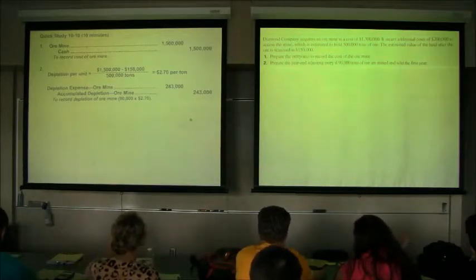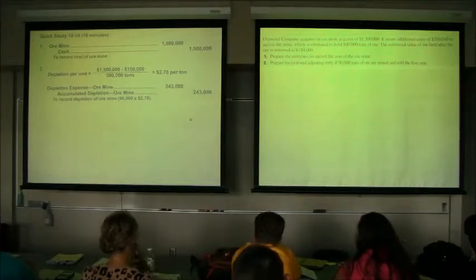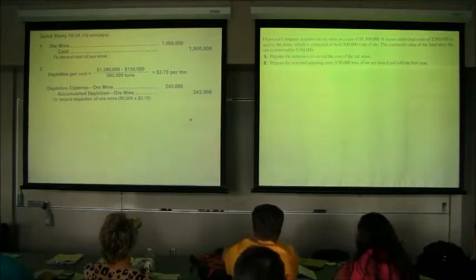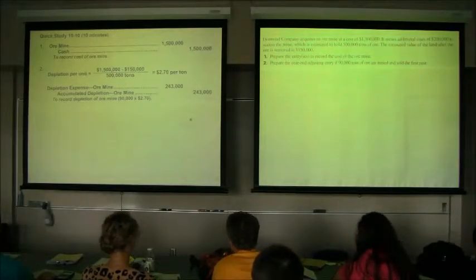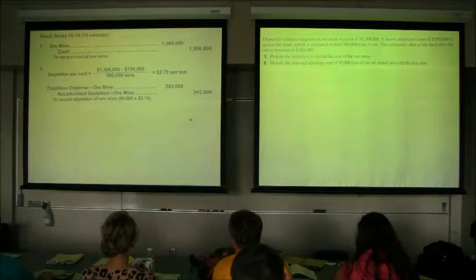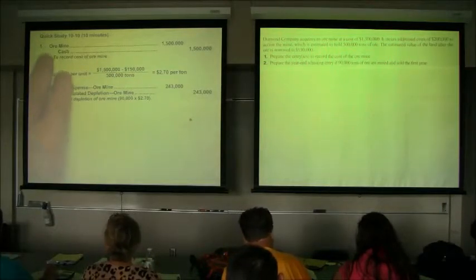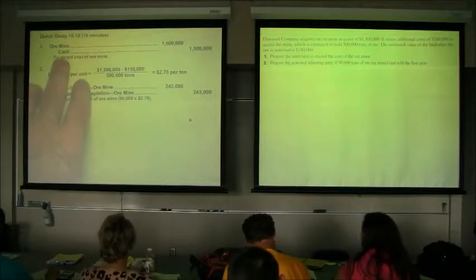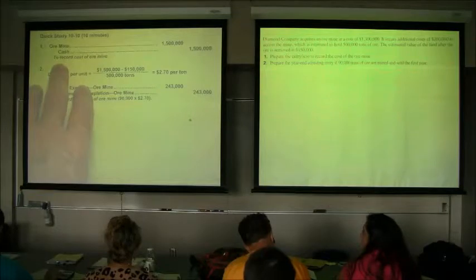But you still journalize it in one entry. Now, the deal is how this transaction works, because suppose there were different dates. They could have had ore mine for $1,300,000 on one date, and then ore mine of $200,000 on a different date.